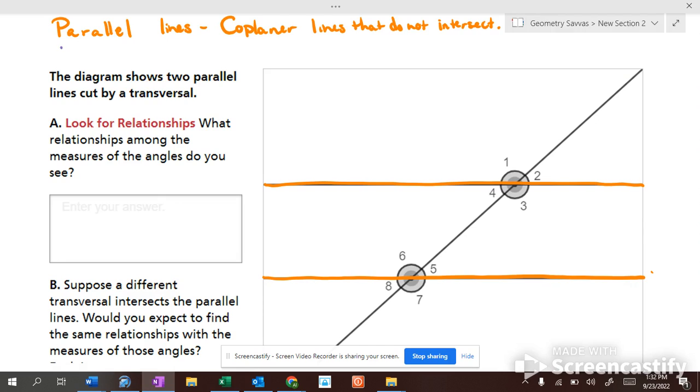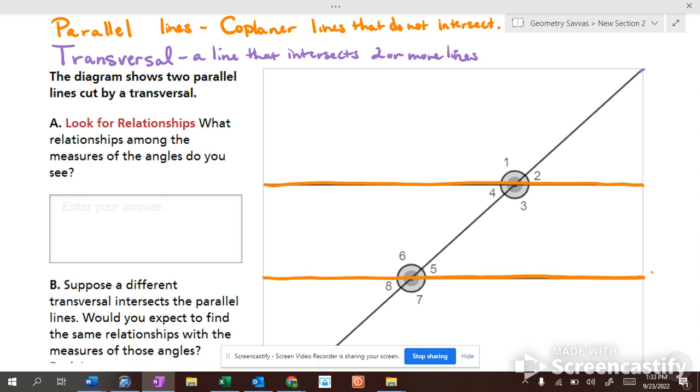The next big super important word that you have to understand is transversal. A transversal is a line that intersects two or more lines.